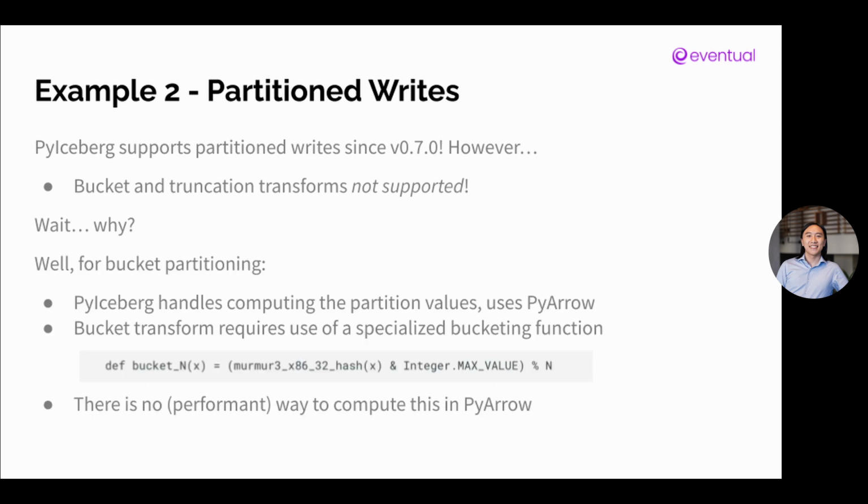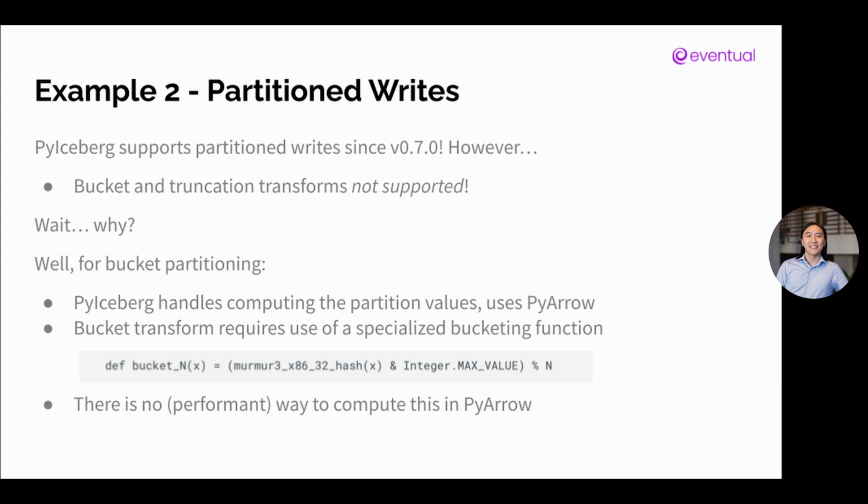The reason is, at least for bucket partitioning, that PyIceberg handles the compute for these partitioning keys using PyArrow. It does its own compute for that. Bucket transforms, as you can see from the screenshot that I took of the PyIceberg spec, require a specialized bucketing function that requires the murmur3 hash, among other things.